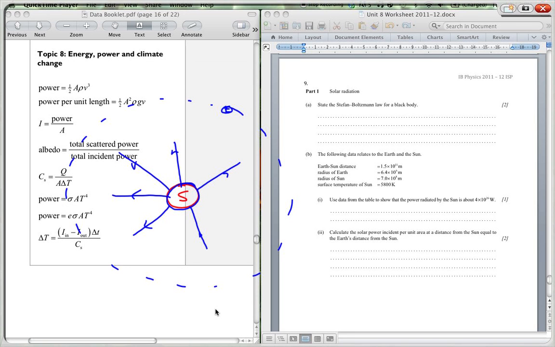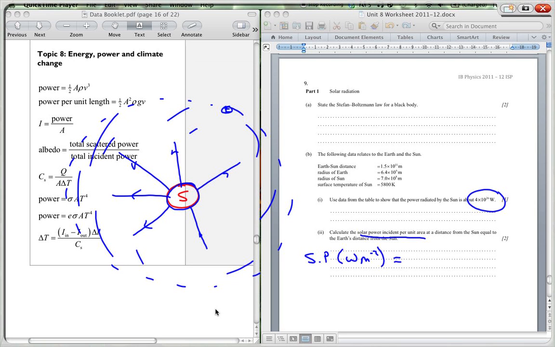So when it says the solar power incident per unit area, we actually have to find the area of this giant sphere, and we need to divide the total power radiated by that. So basically, this solar power, let me call this SP, is going to be a power per unit area, a watt per meter squared.